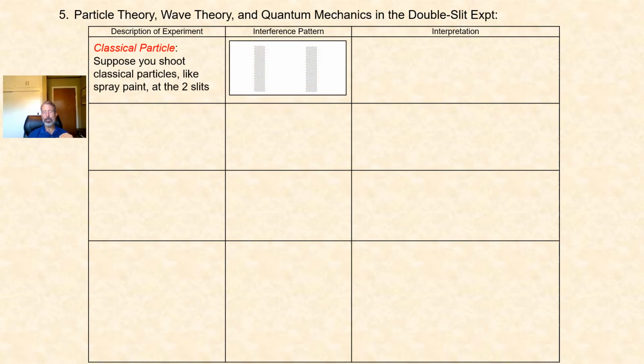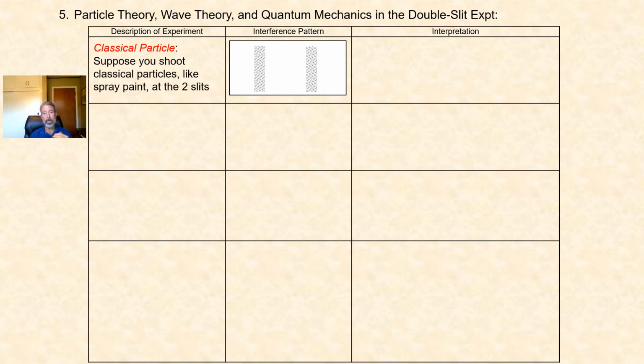You're going to see these little classical particles forming a pattern directly behind those two slits. Wherever the slits are, directly behind them, where there's an opening, you're going to see the little particles on the screen.